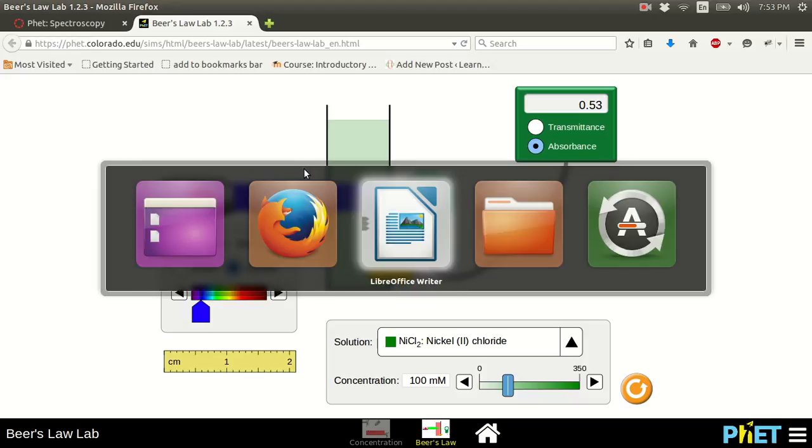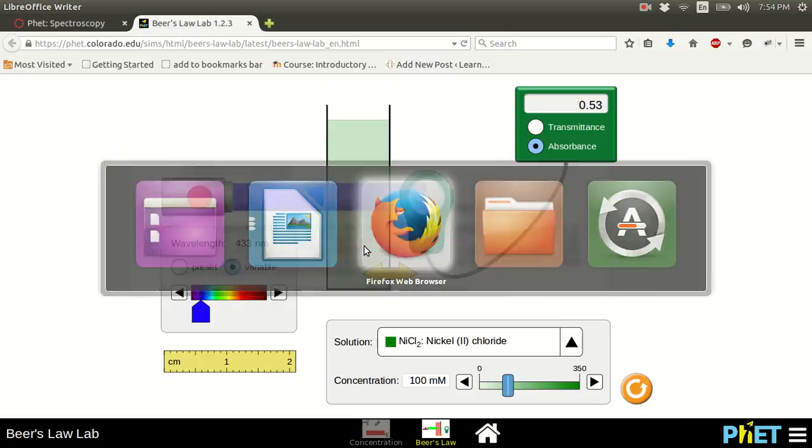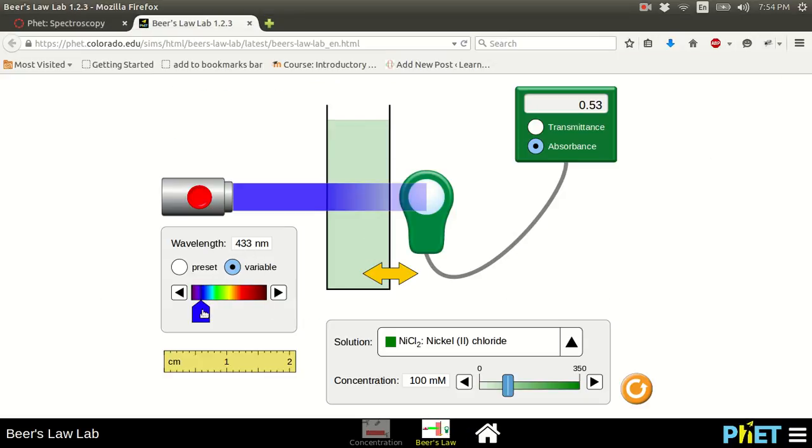So yes, this is a true tool that is used today. It's called a UV vis spectrometer because the light source is capable usually of wavelengths in the visible light range, as you see here, but then also further down beyond the purple here to the ultraviolet range.